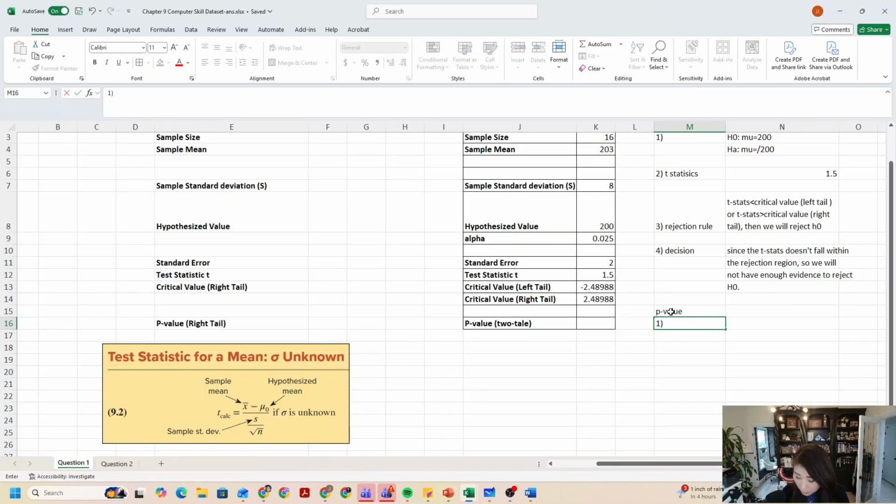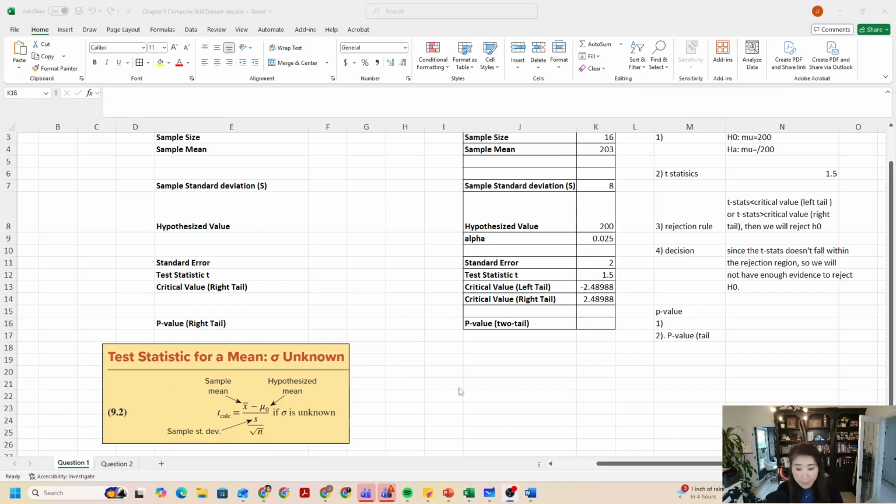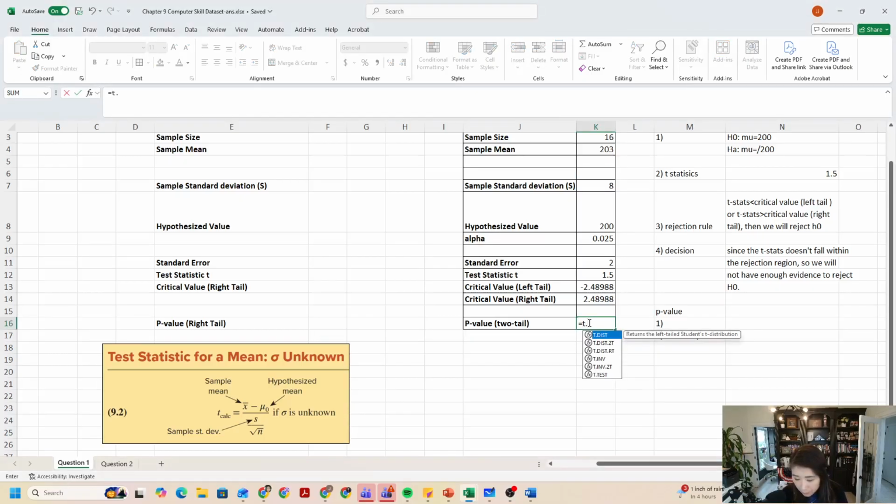So the second approach is the p-value approach. Step number 1, like I said, is still the same, so I will skip. In step number 2, we are calculating the p-value, two-tail. You need to make sure you know the formula we're going to use to calculate the p-value here. The function is different, called T.DIST.2T, since we're working on the two-tail test.